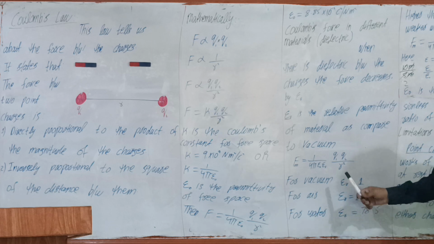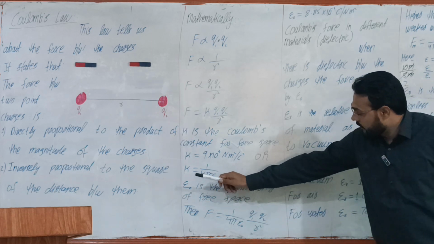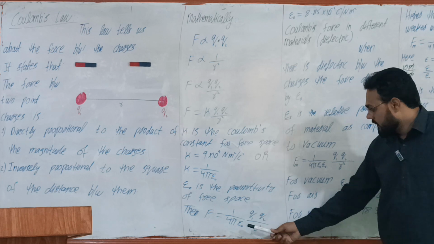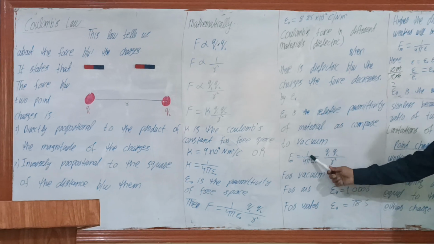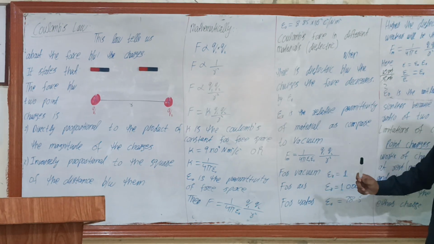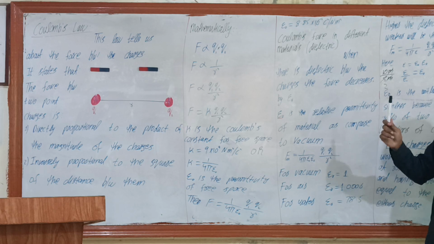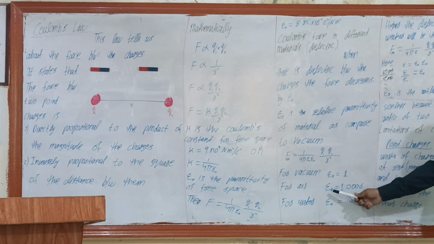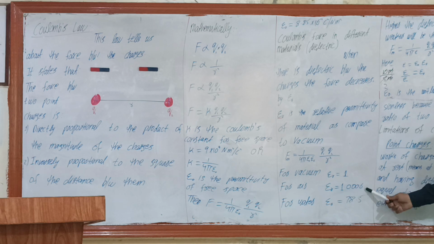Now, by putting the value of K here, the force in free space is 1 over 4 pi epsilon naught, and in a material it is 1 over 4 pi epsilon naught epsilon r. Epsilon r is the relative permittivity of the dielectric. For vacuum, epsilon r is 1, for air 1.006, for water 78.5, with no units.